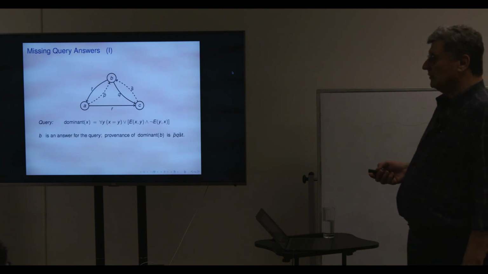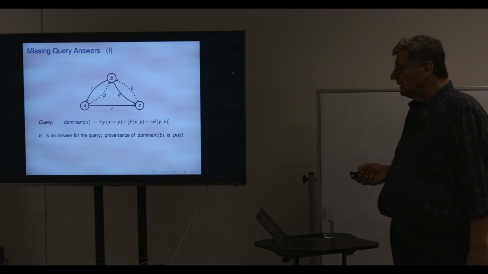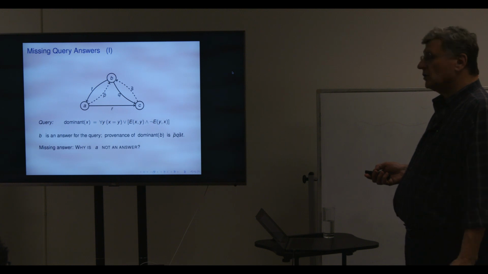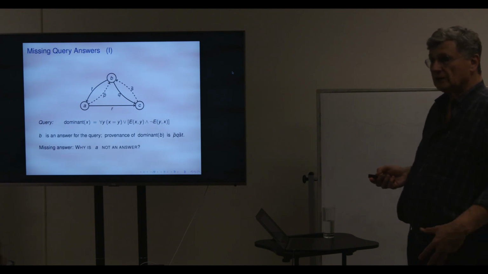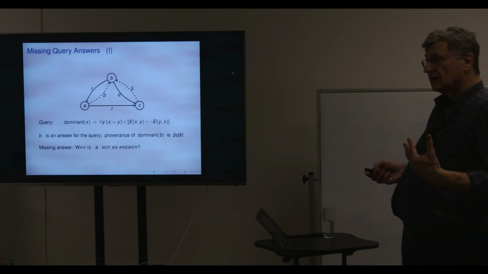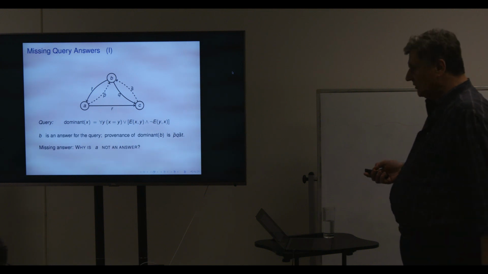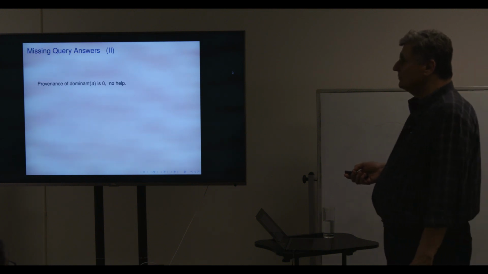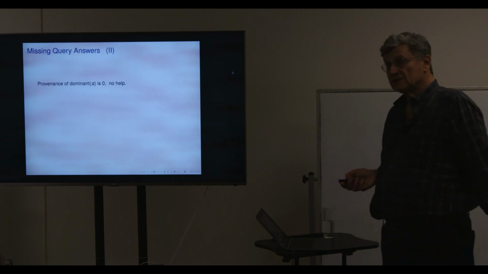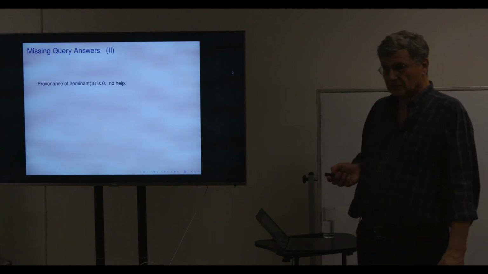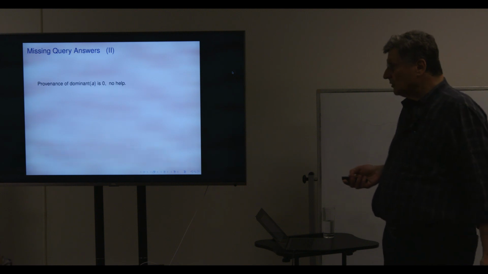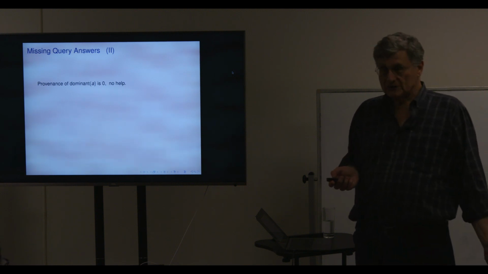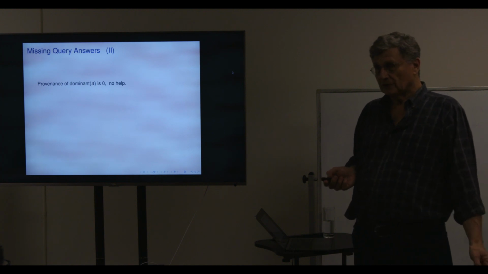So somebody who might expect A to be dominant may ask, why is A not an answer? So how can we use this approach to give an explanation for why A is not an answer? Well, if you calculate the provenance of dominant of A, which is now a sentence because I plugged in a constant there, you get a 0 polynomial, because of course it's false and you have to get a 0 polynomial.